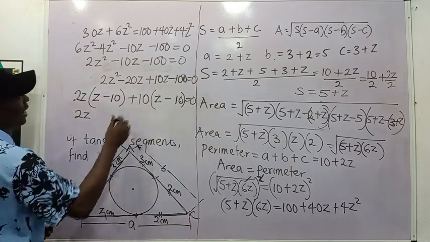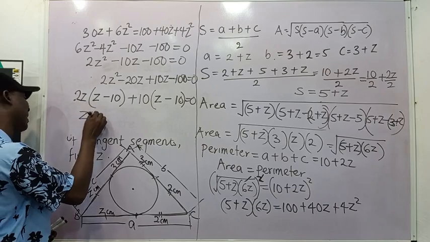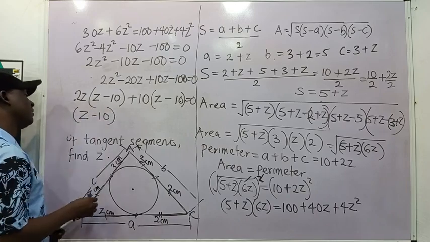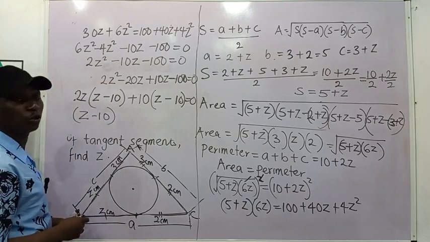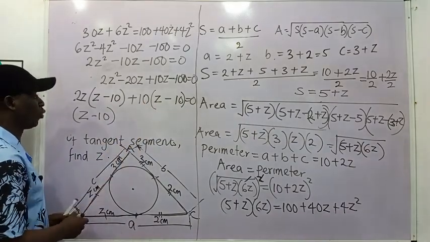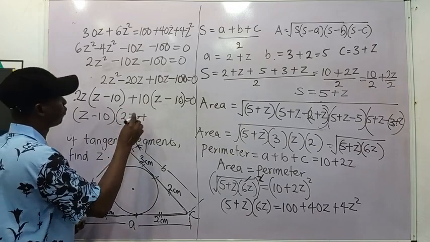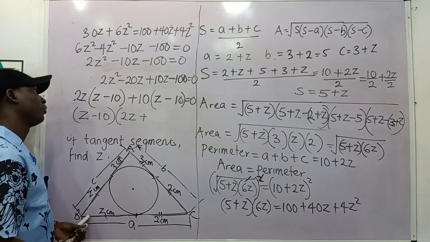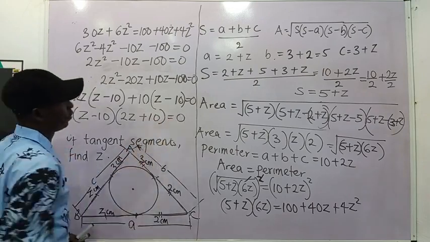What is common on both sides is what? What is common on both sides is z minus 10. Then into bracket what? What if you remove z minus 10 here? What do you have? Remove z minus 10 on both sides as a common factor. Now this one will remain 2z plus what? What do we have there? 2z plus 10 equal to 0.